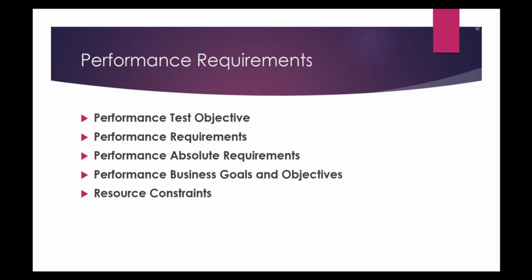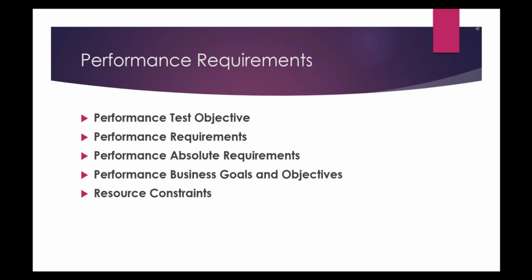While gathering the performance testing requirements, we need to take special care about the test objective. It forms the basis of deciding what type of performance test needs to be done. The test plan and test report should reflect this objective. Performance requirements show the expected performance levels of the application under test.